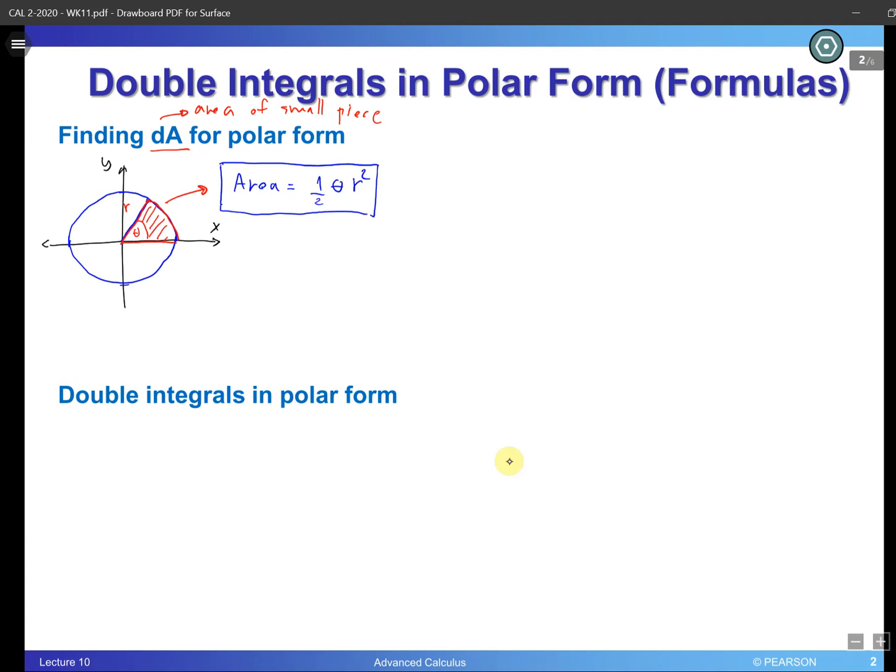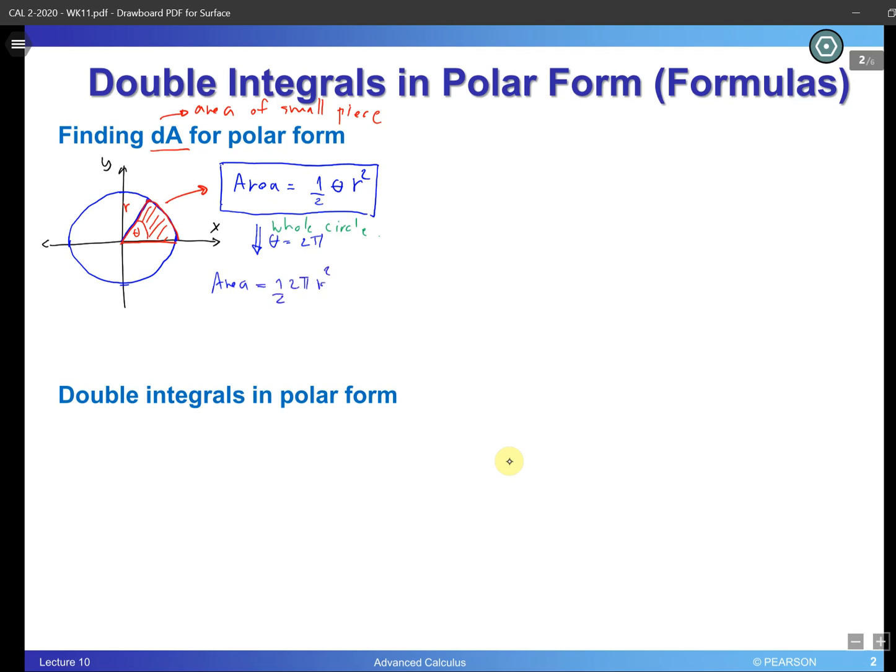So let's try this out. What if I want to find the area of the whole circle? That is when theta is equal to 2 pi, right? So that is the whole circle. So what do we get here? Area is going to be equal to 1/2 times 2 pi times r squared.